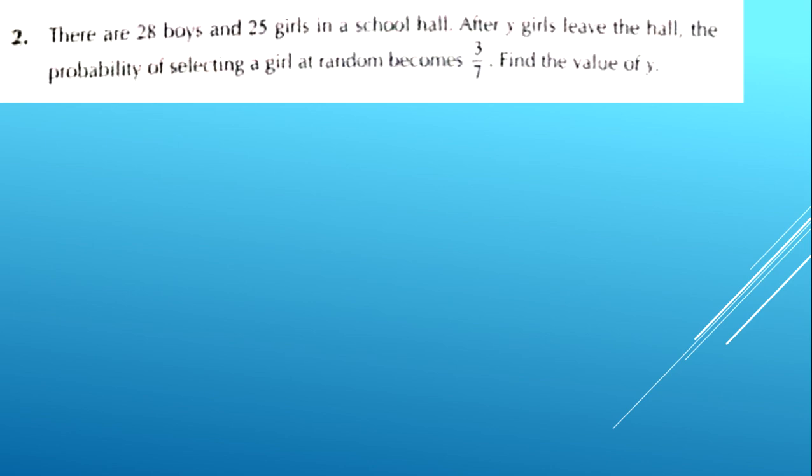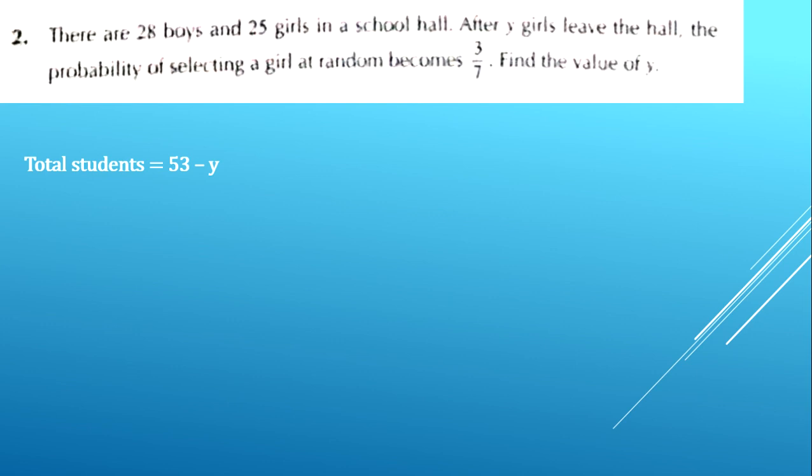Our sample space here usually will be the total number of students. In this situation, it's not 53, which is 28 plus 25. It's not 53 anymore because y girls leave the hall. So now the total number of students changes from 53 into 53 minus y, because we don't know how many girls leave the hall, right?